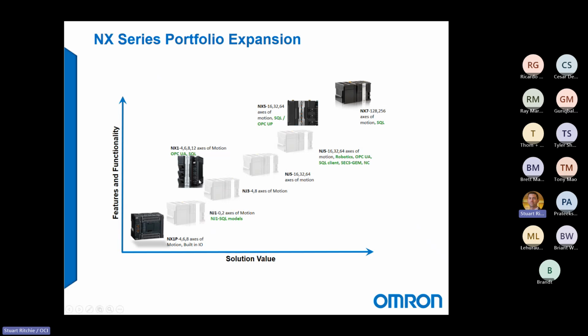And then as we move up the line, we get more I/O, we get higher memory, faster speeds, right up into the NX5 and NX7 territory where you can control 256 servo drives with a single PLC, integrate with SQL databases in the cloud. Lots of performance on those high-end controllers.